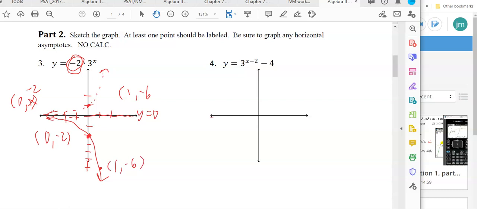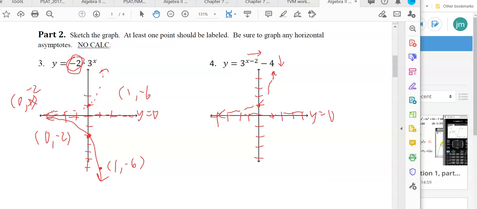And this one, again, start with the parent graph, y equals 0. So it's got a lot of movement to this one, right? So normally the parent graph goes through 0, 1, looks like that. So it's going to move to the right 2 and down 4.